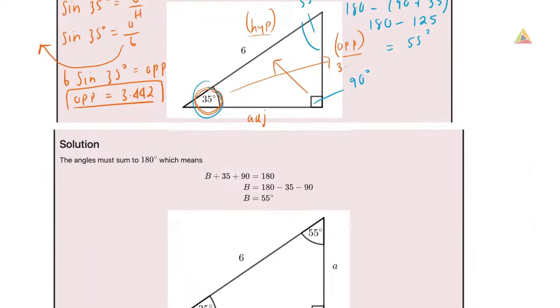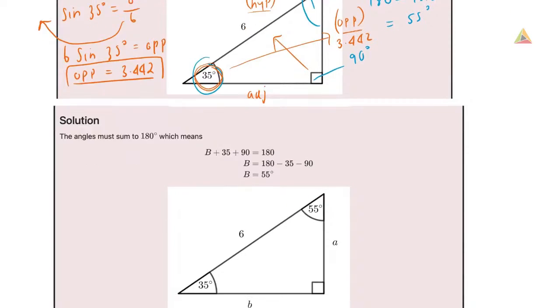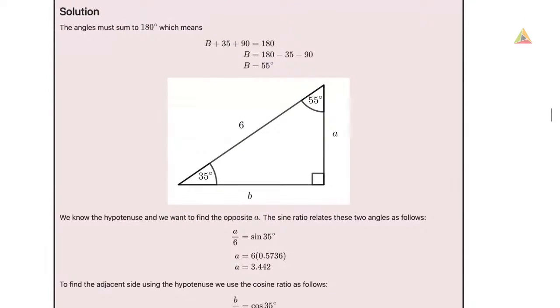So this is 3.442. Now we have to find the hypotenuse. I'm going to scroll down here. We're just after finding out what A is. We know that it's 3.442. Now we can use Pythagoras' theorem to solve this, because we know the rule is the hypotenuse squared is equal to the opposite squared plus the adjacent squared.